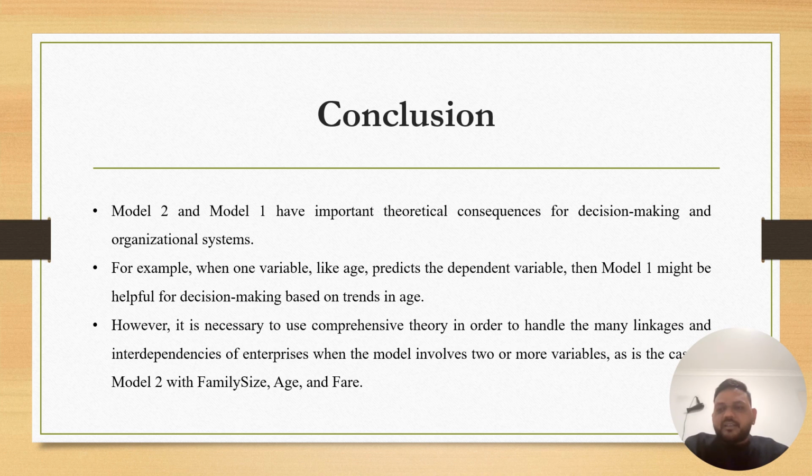However, it is necessary to use a comprehensive theory in order to handle the many linkages and interdependencies of enterprises when the model involves two or more variables, as is the case in Model 2 with family size, age, and fare.